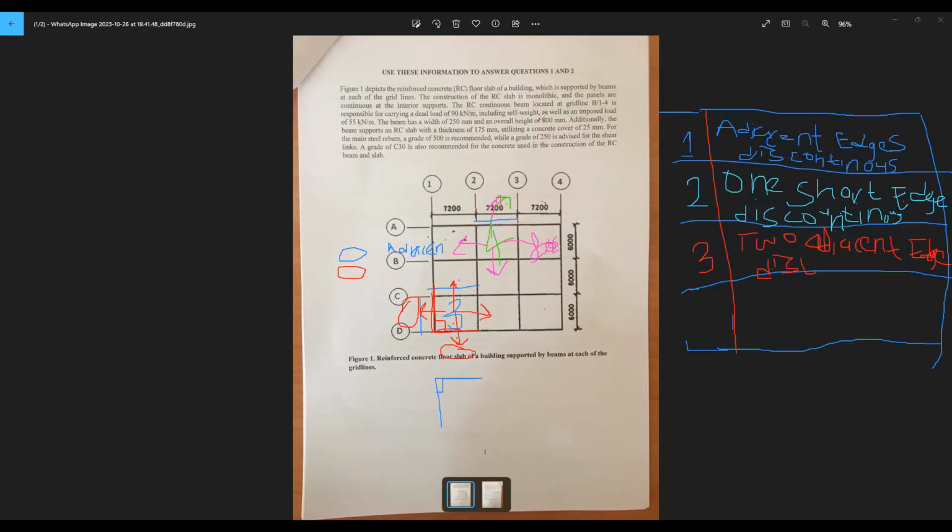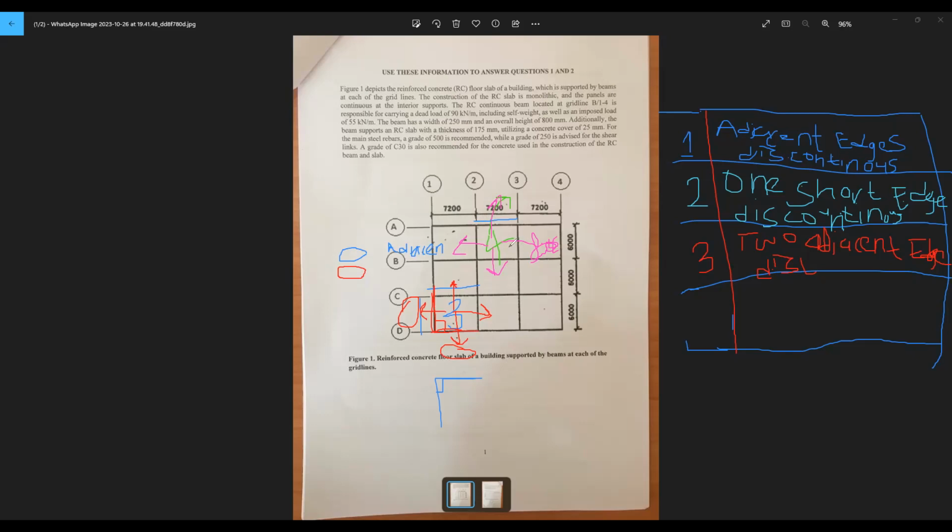You get it? So if that is the only side, then it means that you have one long edge. Since that's the only side, one long edge is discontinuous, and you can find that in the code.